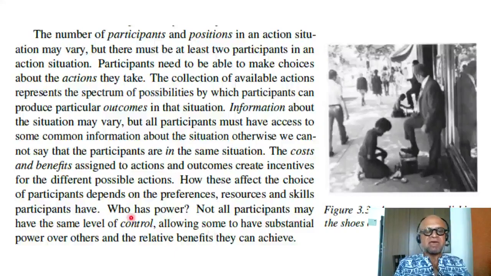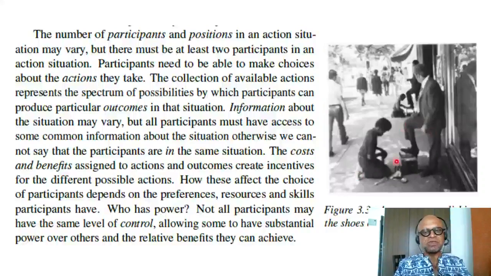Not all participants may have the same level of control, allowing some to have substantial power over the others and the relative benefits they can achieve. So this is a situation here, a poor man polishing the shoes of a wealthy man. The shoe boy doesn't have the money to buy shoes, and even if he buys shoes, he doesn't have the money to go and get his shoes polished by another shoe boy, whereas this person has the wherewithal, the wealth to buy the shoes and to go get his shoes polished by this boy and pay the boy.